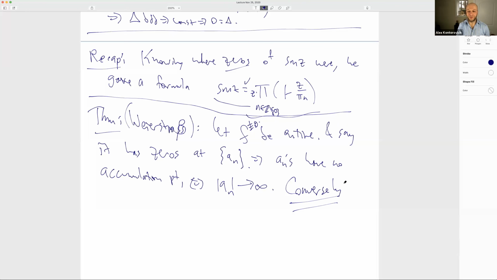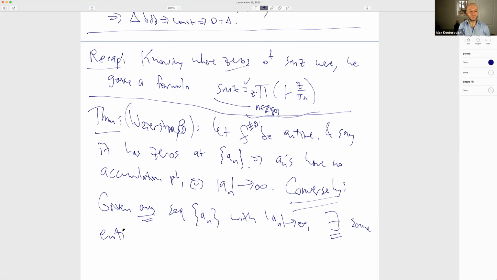Conversely, this is the beautiful thing. Given any sequence a_n with a_n going to infinity, there exists some entire function having exactly those zeros and no others.